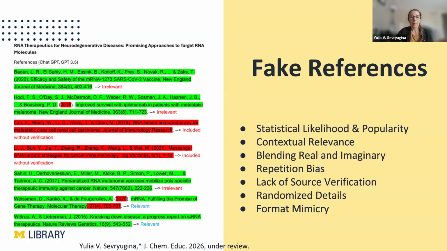And then there are some references highlighted in red color here, and those references were completely fabricated, non-existent references. The unfortunate part about it, though, is that those references were included in the student's final essay.